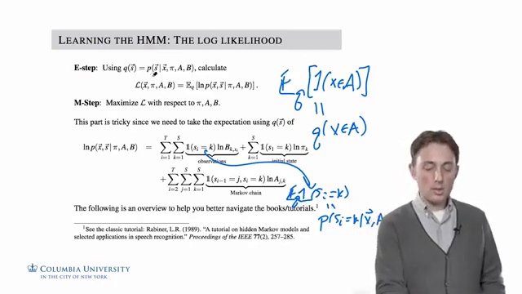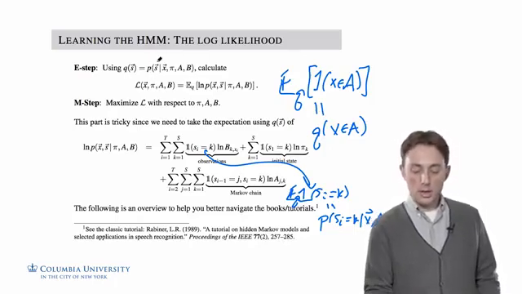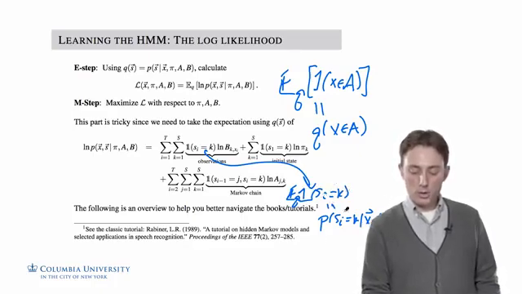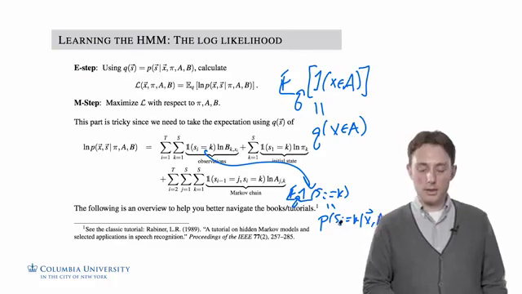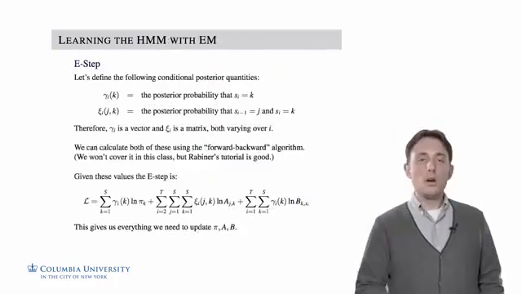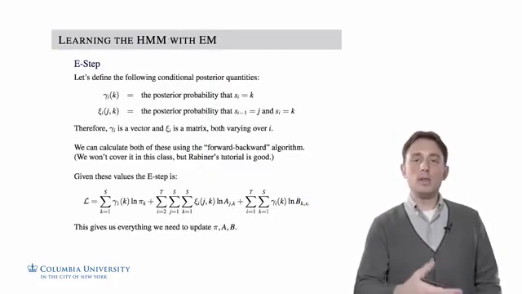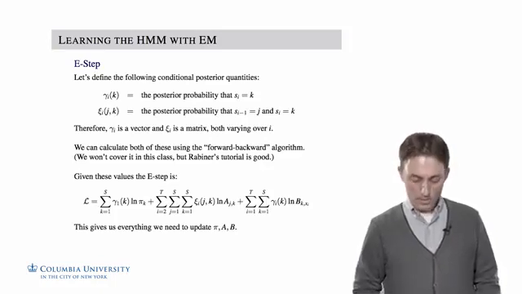So remember, this is the full conditional posterior; the expectation of this event of being in state k at time i is simply the marginal of the full conditional posterior, where I've summed over all states except for the ith at time i. Okay, so that's where these new definitions are going to come in.